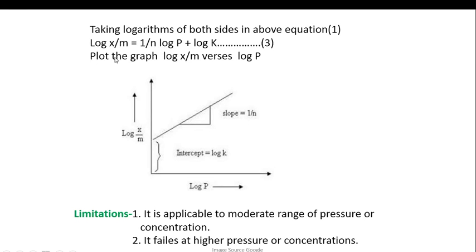Again plot the graph of log(x/m) versus log P. The nature of the graph is a straight line with an intercept on the y-axis. The intercept is equal to log k and the slope is equal to 1/n.